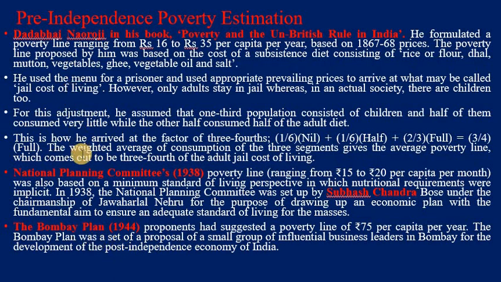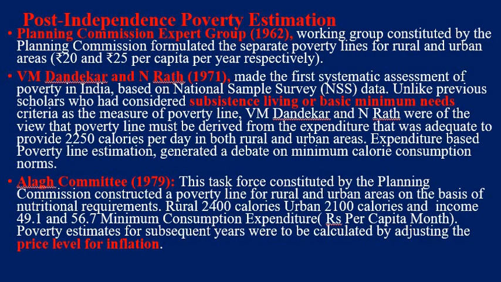So this is pretty important. Just remember the years. There's the first estimation by Dadabhai Naoroji, followed by the Planning Committee set up by Subhash Chandra Bose under the chairmanship of Jawaharlal Nehru, and the Bombay Plan. So these are the four pre-independence estimations. Then I will see post-independence.